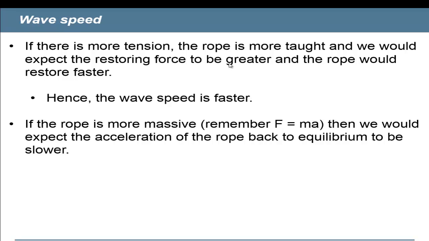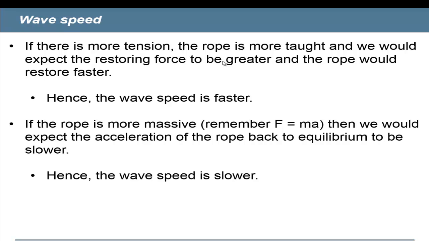So we would actually expect a more massive rope to have a slower wave speed. If you ever tried to put a wave in a big rope versus a wave in a guitar string, then I think you'll see that the wave travels much faster in a guitar string than in a giant rope for tug of war.